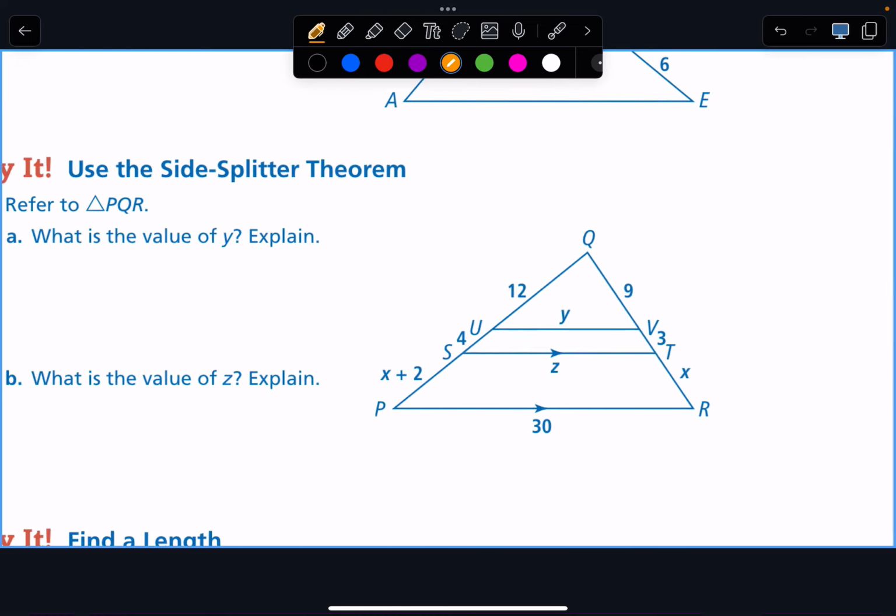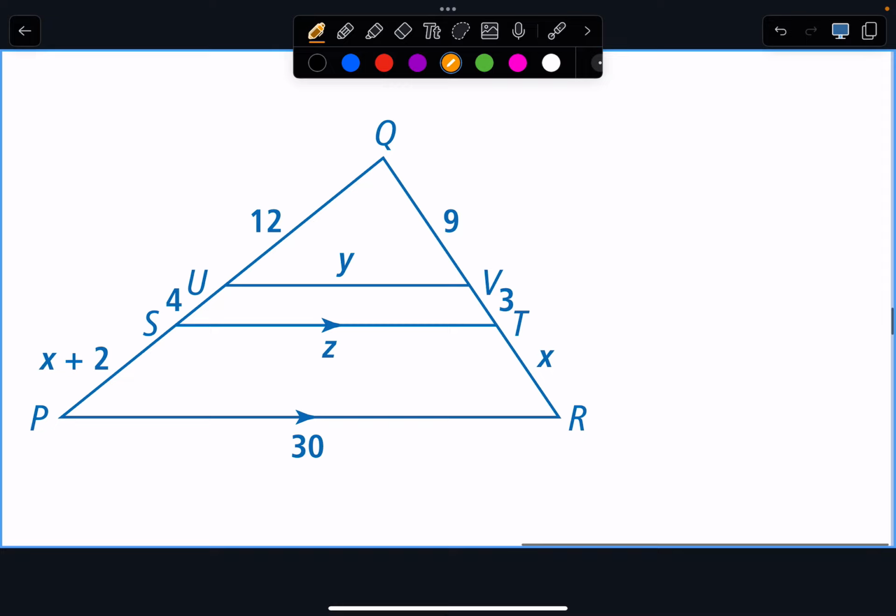Okay, so over here in this picture, what's this length right here? 16. And what's this length? 12. Okay, so we can set this proportion, and I want you to do this work to the right of this picture.